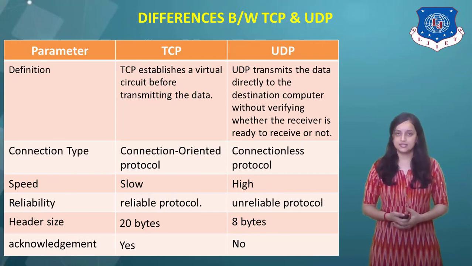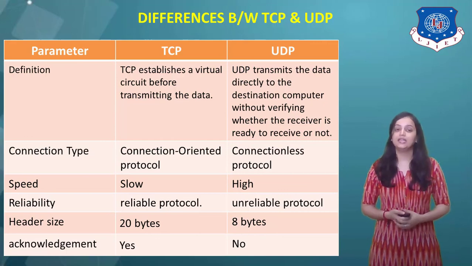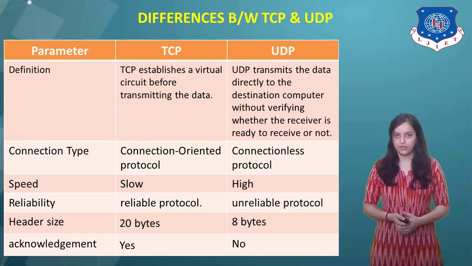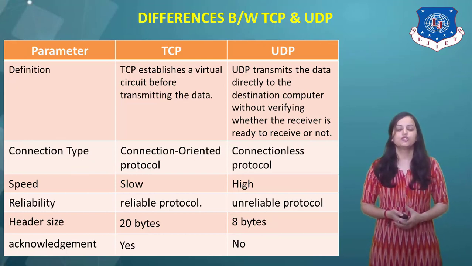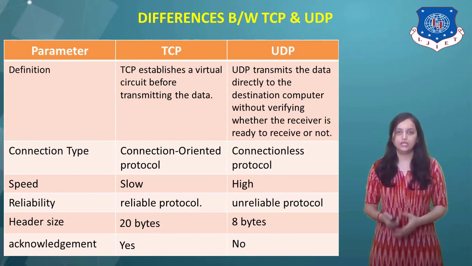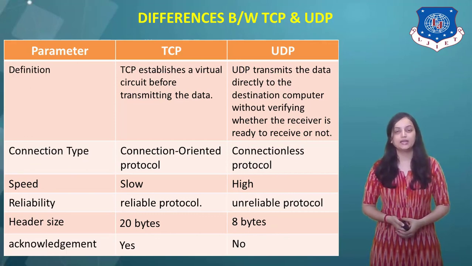If we consider the header size, TCP has a header of 20 bytes, whereas UDP has a header of 8 bytes. Lastly, if we consider the acknowledgement parameter, TCP provides the acknowledgement and UDP does not provide the acknowledgement. That's why it is called an unreliable protocol. So these are the differences between TCP and UDP. I hope that the two main protocols at the transport layer are clear to you.